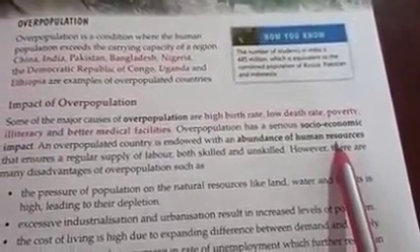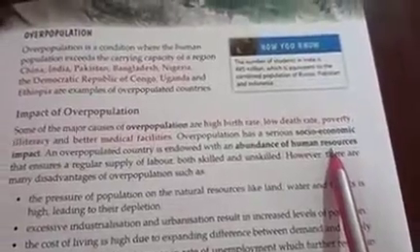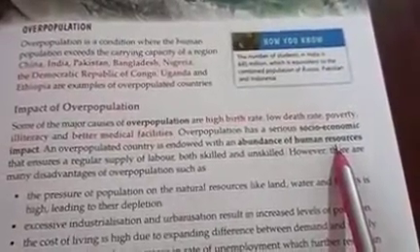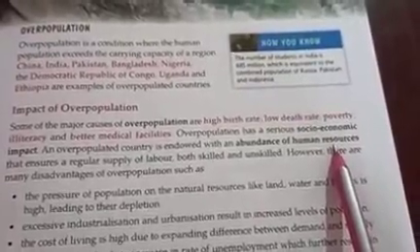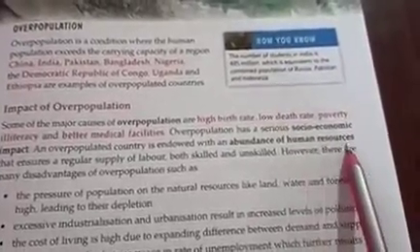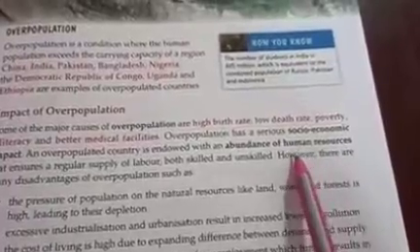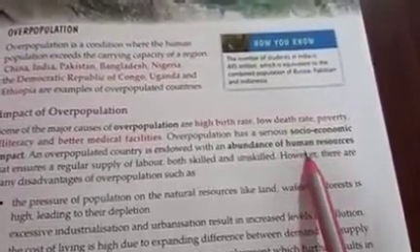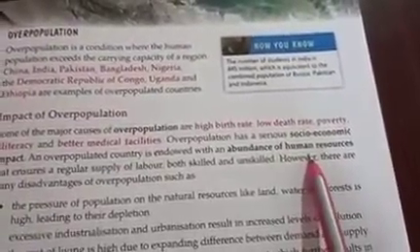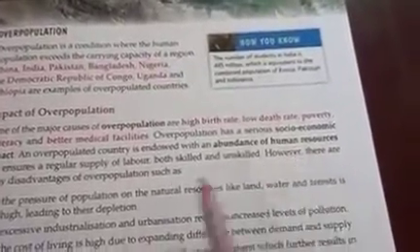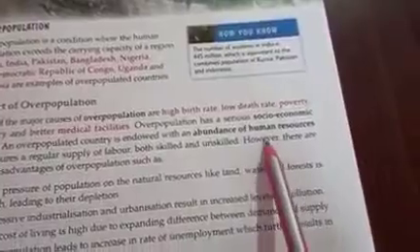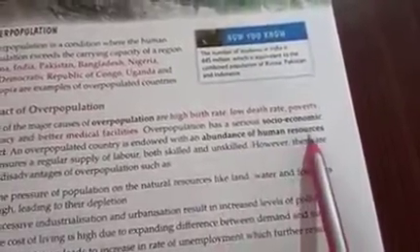Resources like land, water, soil, forest, minerals, these are the resources. But among all these, human resources are the most important. If human resources are not available in a country, then the other resources cannot be used. So in an overpopulated country, there is an abundance of human resources.